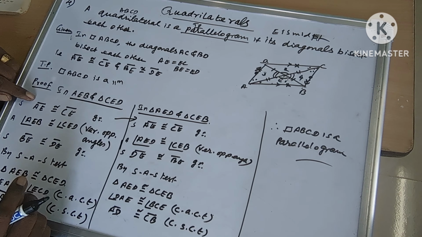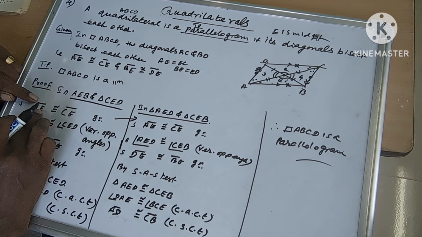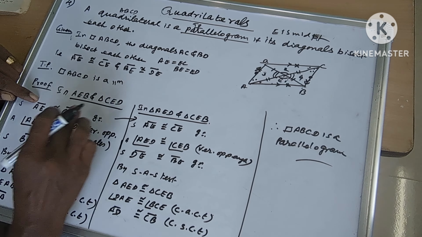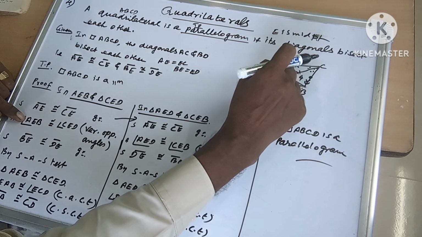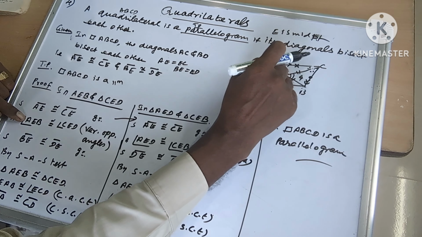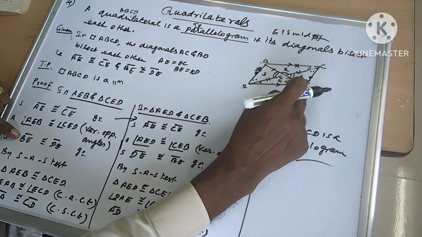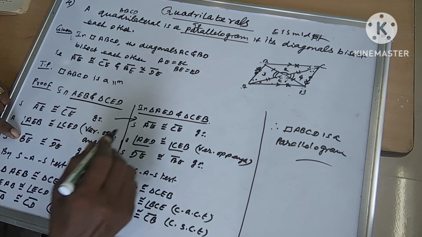So here now AE, CE, and angle AEB, congruent to CED, vertically opposite angles. Then BE, DE. Yes, this is correct.